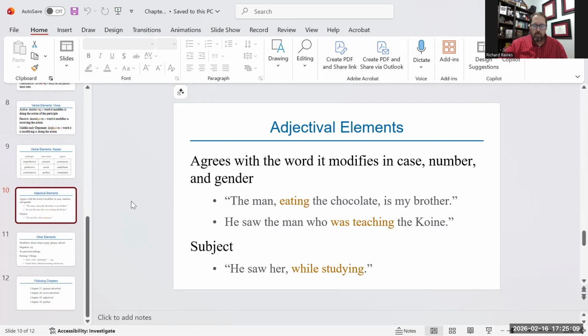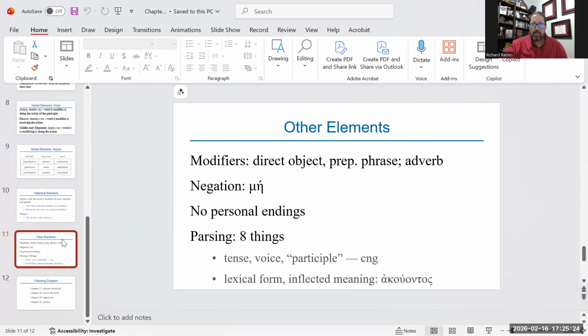So the good news is that the participle is going to agree with the word it modifies in case, number, and gender. That's going to make it really easy for you. A few other elements.